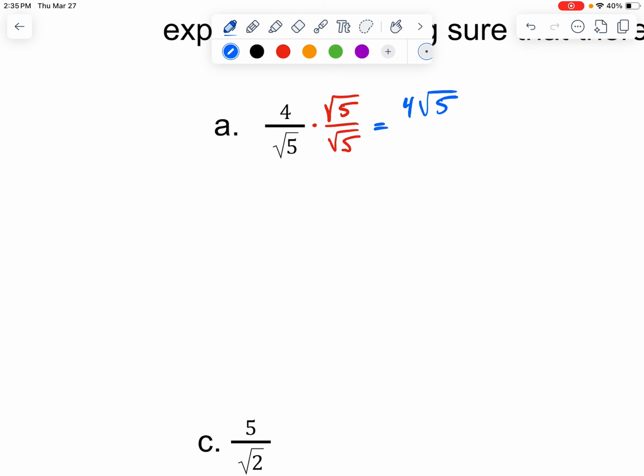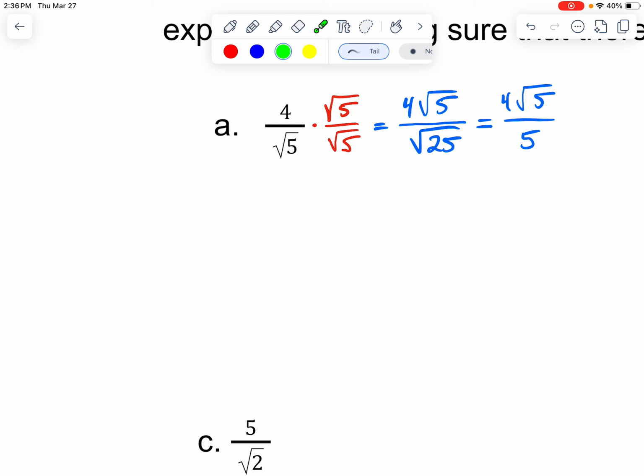On the bottom, since they're both square roots, we can multiply those. And so square root of 5 times the square root of 5 is the square root of 25. Which you might have noticed, that's going to work out really nicely. So on the top, I've got 4 times the square root of 5. On the bottom, the square root of 25 is just 5. And as you do this in these simple ones, it's always going to be a very similar pattern.